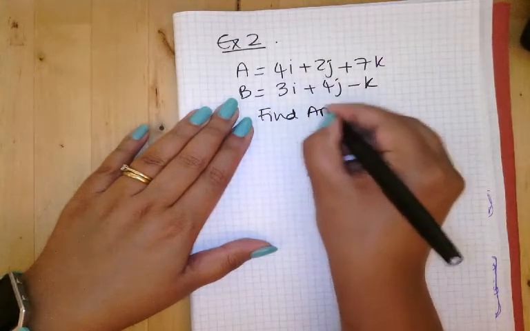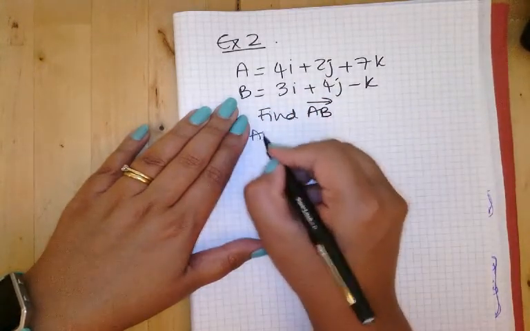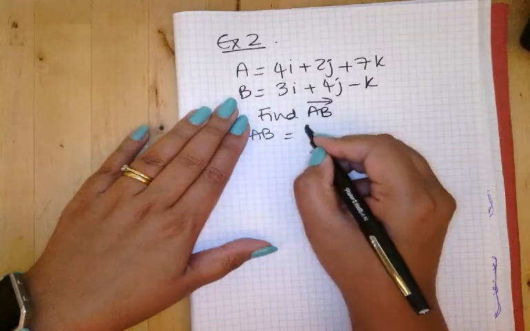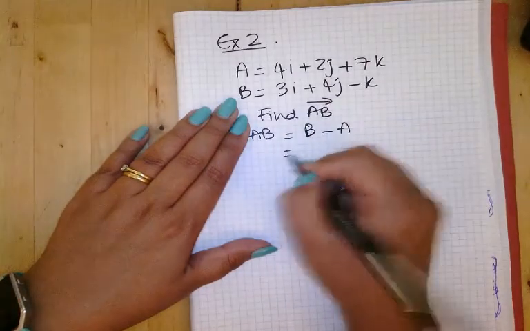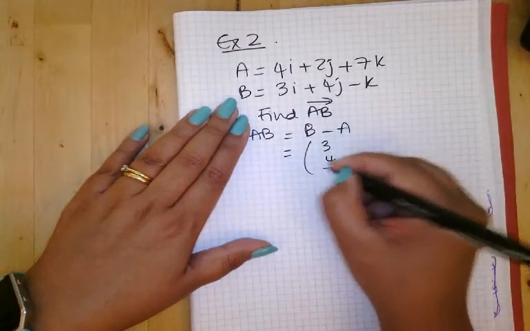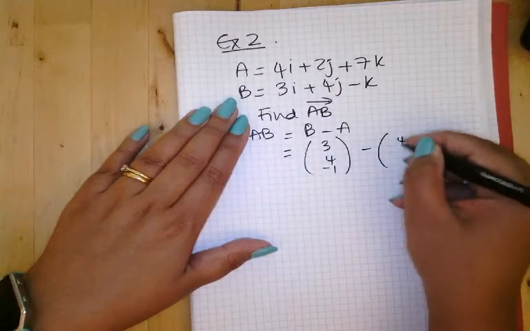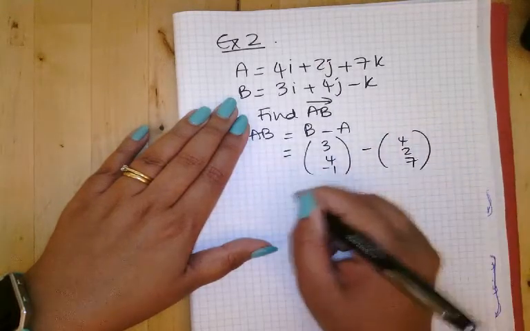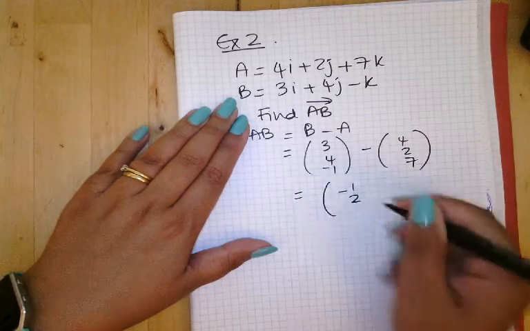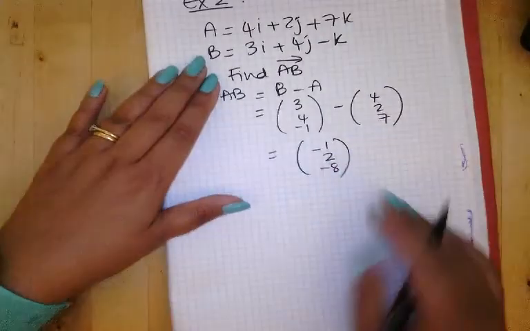So the AB vector is just B minus A, which is (3, 4, minus 1) minus (4, 2, 7), and that's (minus 1, 2, minus 8). Okay, so that's the AB vector.